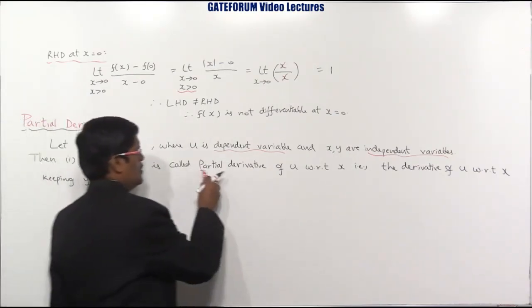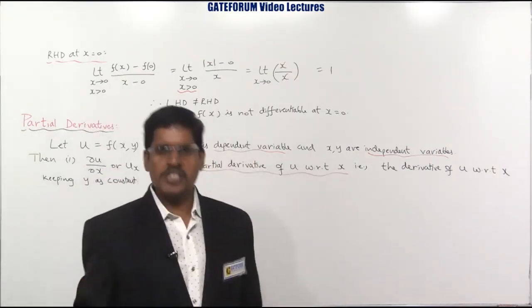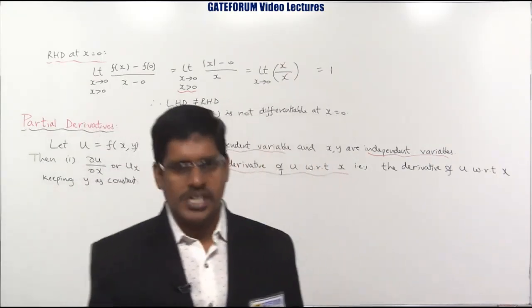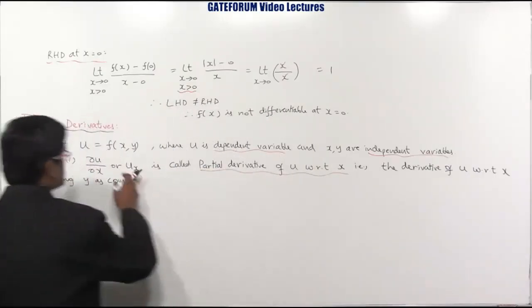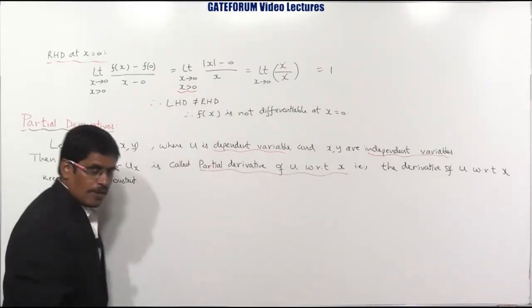So the derivative of u with respect to x, keeping all other independent variables constant, is called the partial derivative of u with respect to x. What are all the other independent variables here? If you are differentiating with respect to x, the other independent variable is y.